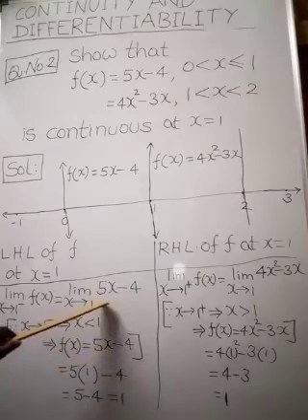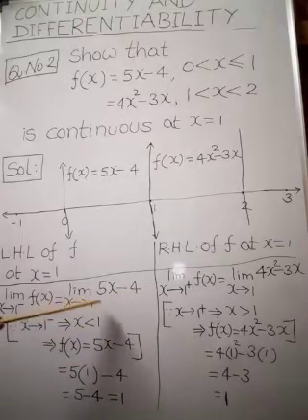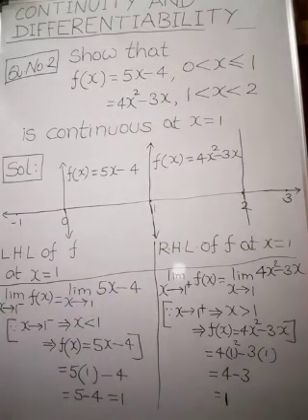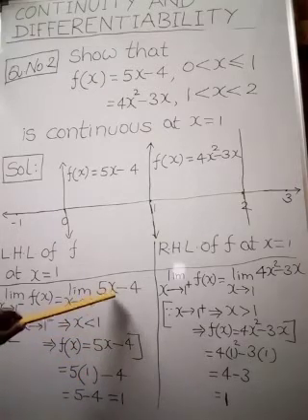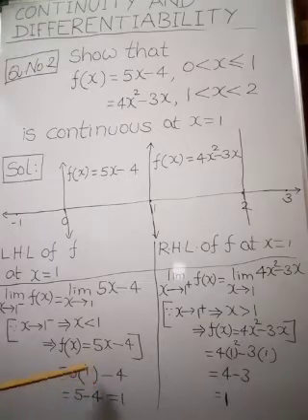That is why I am taking f of x as 5x minus 4. Now we are going to find the limit of this function by substitution method. So 5 into, in the place of x, we write 1, minus 4. Understood, my dear children? Right.